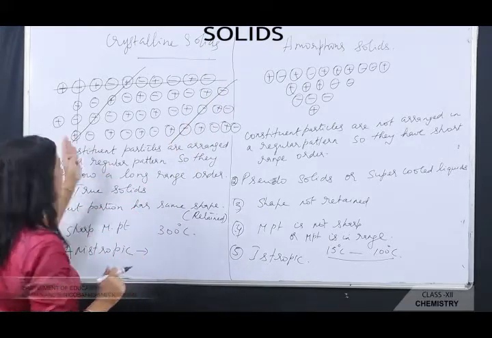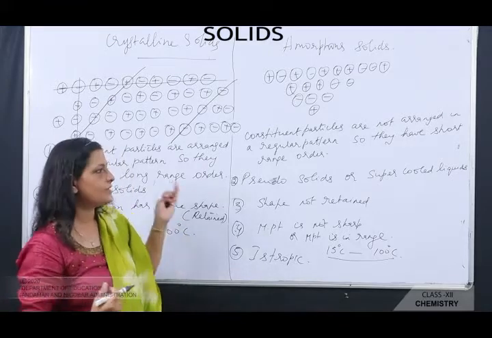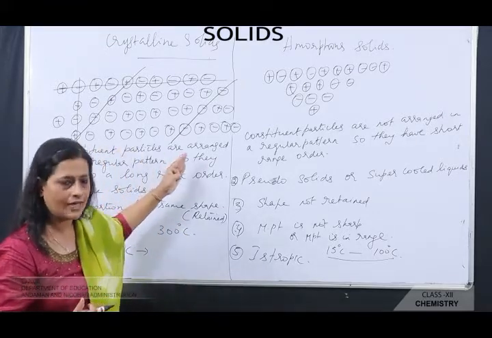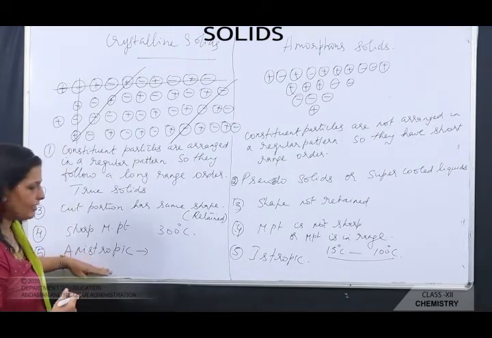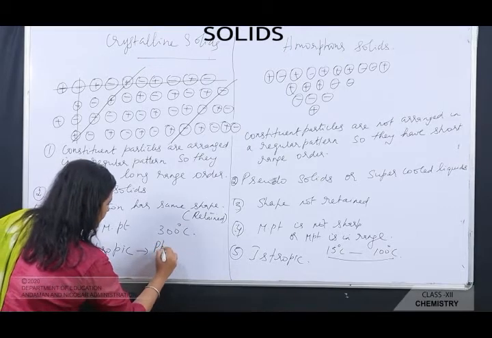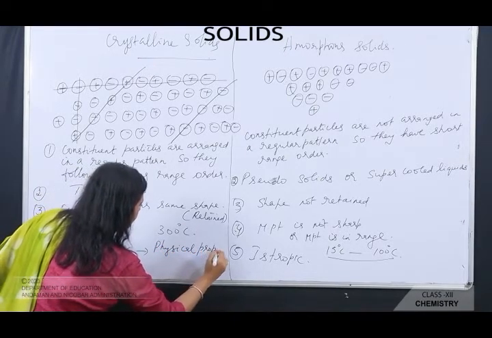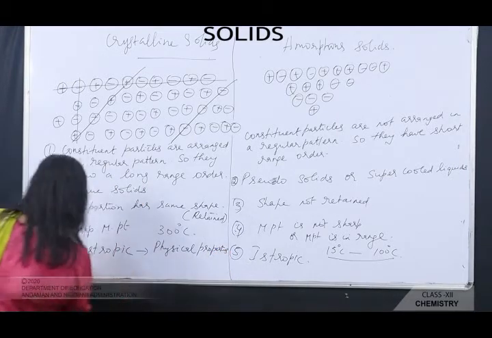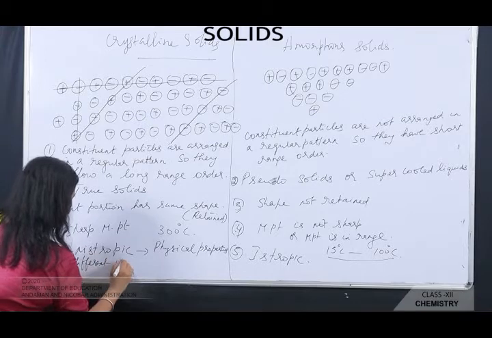So the physical properties like refractive index, thermal expansion, conductivity, etc. are different in different directions. That is the reason why we call crystalline solids anisotropic. I'll just write it. Physical properties different in different direction.